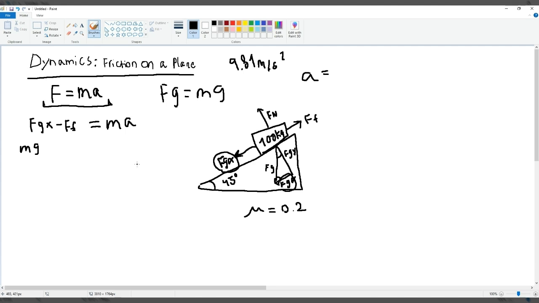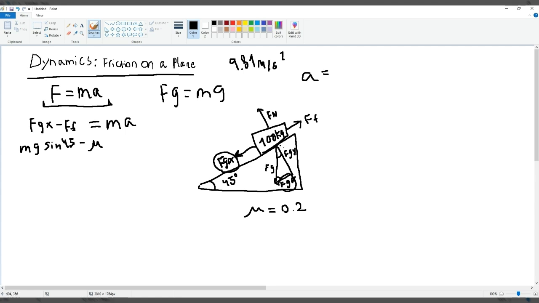So we will be finding the sine of the angle, so sine 45, minus the force of friction, which is the coefficient of friction, which is 0.2 for us, times the mass, times the gravity, times the cosine of theta of 45, right?